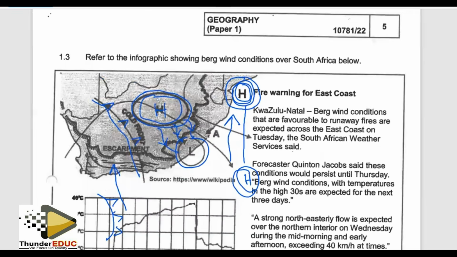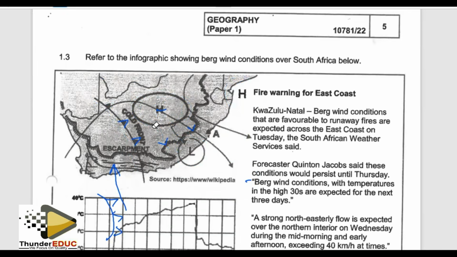Like we mentioned before, for berg winds to develop, there must be a high pressure cell over the interior and a low pressure cell over the coast.